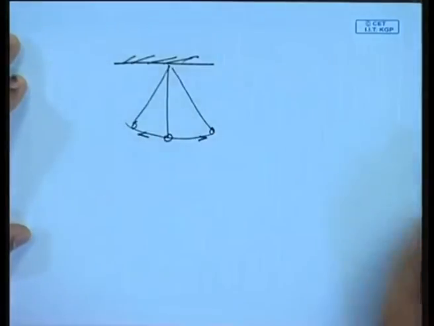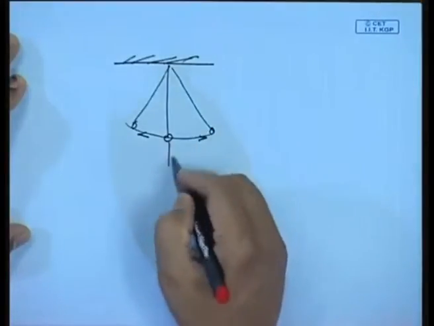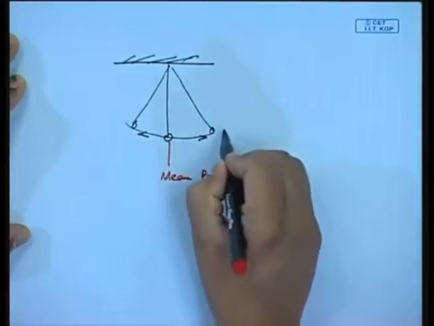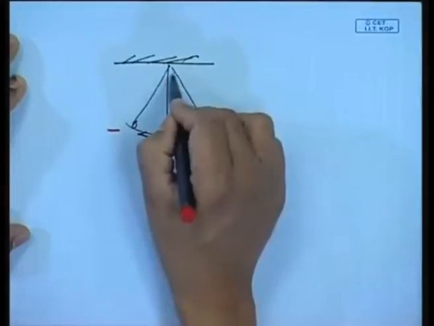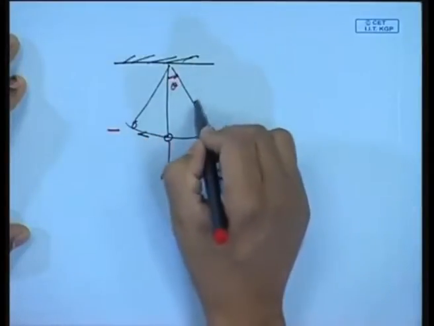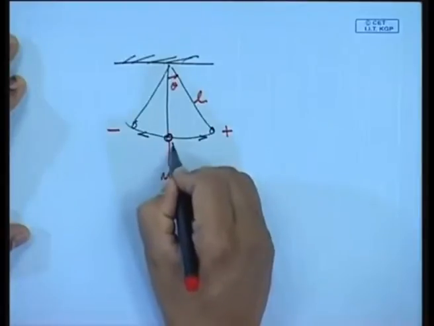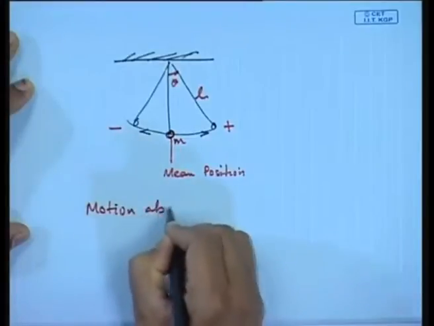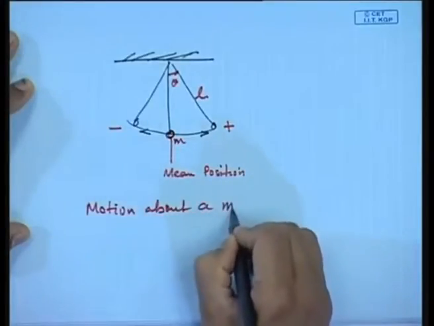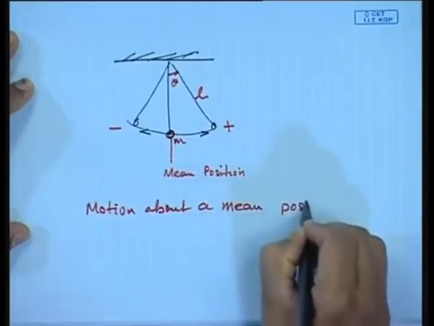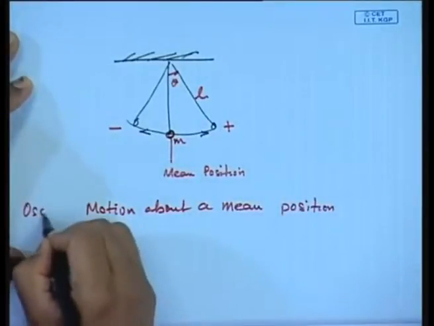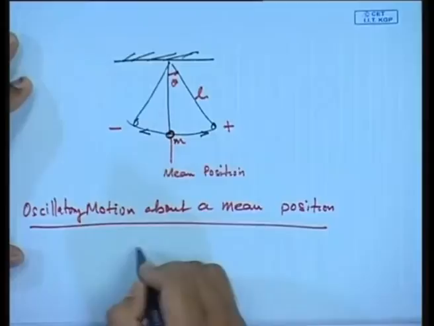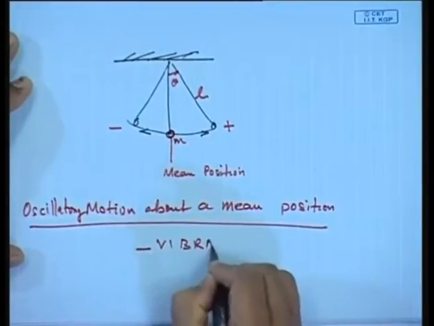This is the mean position, and there are two extremes of this pendulum of certain length L and mass m. So, it is an oscillatory motion about a mean position. This is what I mean by vibration.